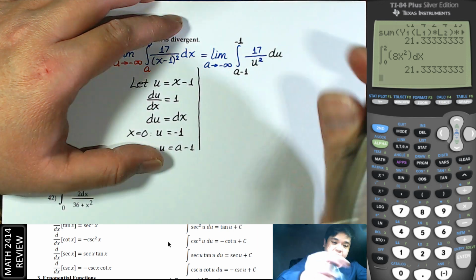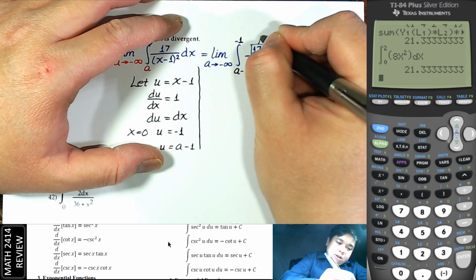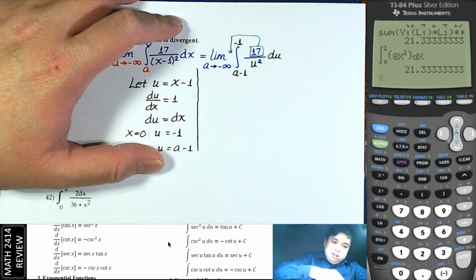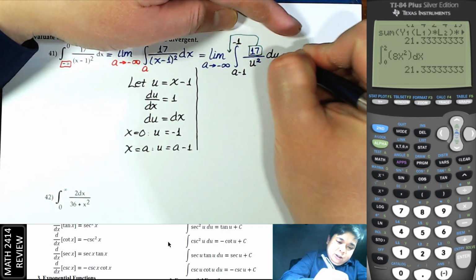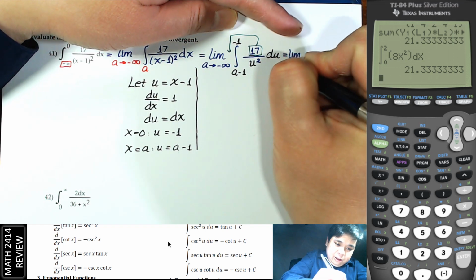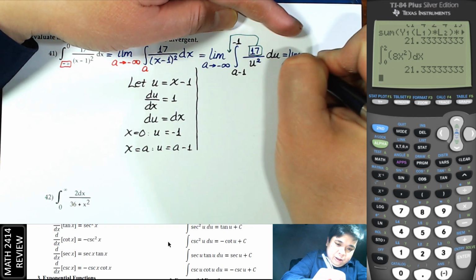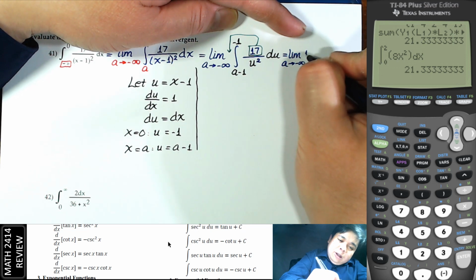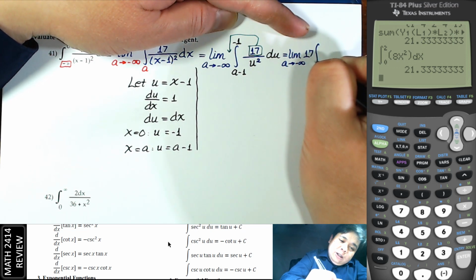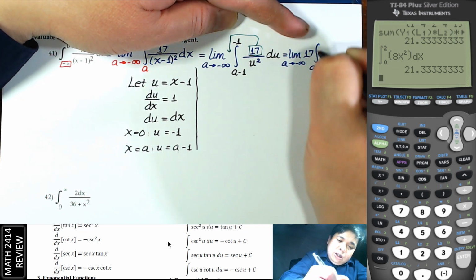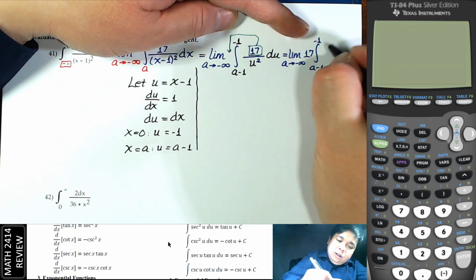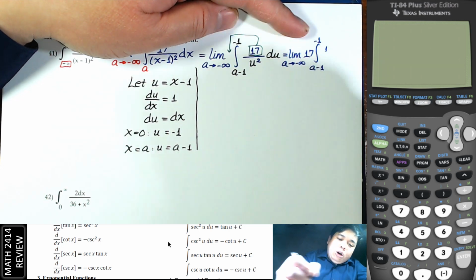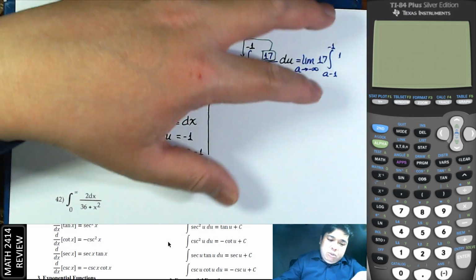But I can take the 17. The 17 is on the top, so let's put that on the top. A minus 1 minus 1, 1 over u squared, so make it u to the negative 2.